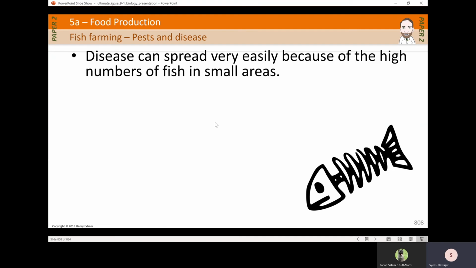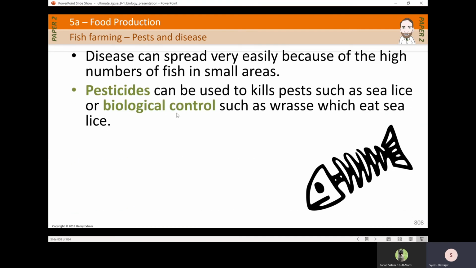So, pests and disease. Diseases can spread very easily because of the high numbers of fish in a very small area. How can we stop that? Pesticides can be used to kill pests, for example sea lice, or biological controls, which eat the sea lice. Biological controls just means introducing a predator for the pests, and pesticides are chemicals that kill pests.